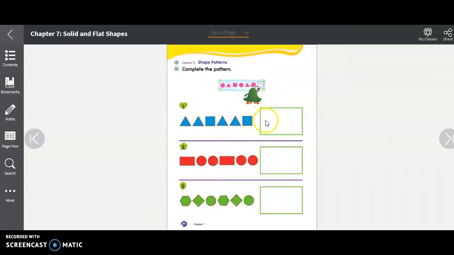So you are drawing and coloring the next shape. You're completing the pattern, okay? Just like the little monster up here is showing you what we're doing. So if this is triangle, triangle, square. Triangle, triangle, square. It's going to be what? Triangle, triangle, square. All right, and the same thing for down here and down here, okay?